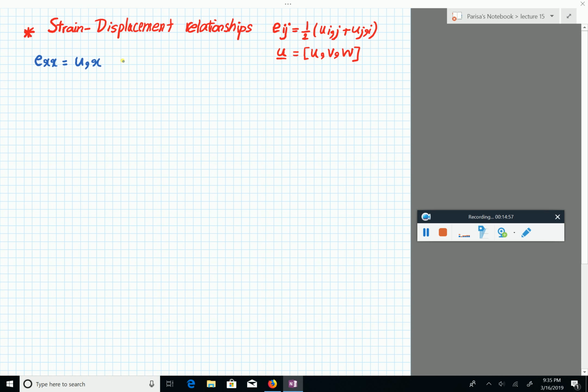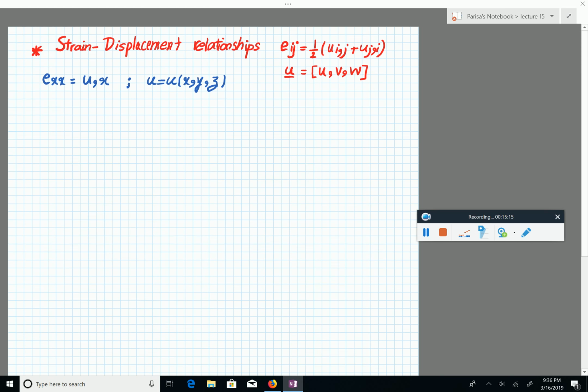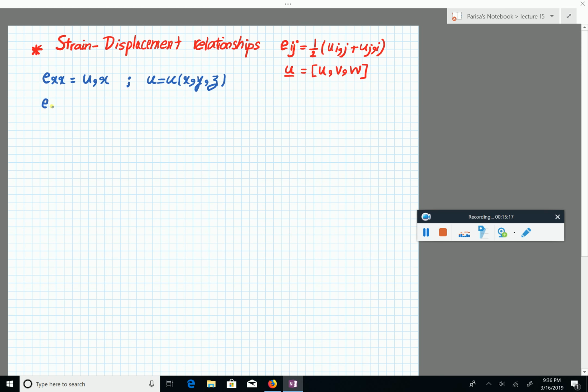And in general, we still don't know, u could be a function of x, y, and z. We don't know, right? Exy is 1/2 u comma y plus v comma x.